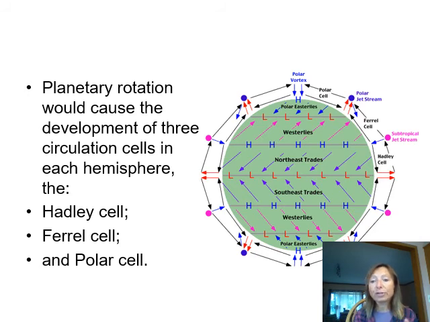So think of this: three systems of atmospheric circulation and three systems of winds. The polar vortexes are causing easterlies. The easterlies is the air moving from the North Pole and the South Pole towards mid-latitude, also deviated to the right in the northern hemisphere and to the left in the southern hemisphere by the Coriolis effect.